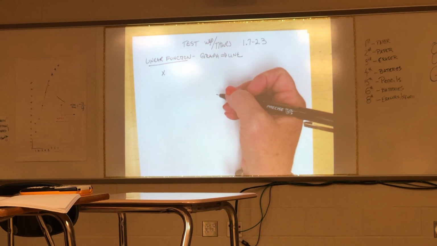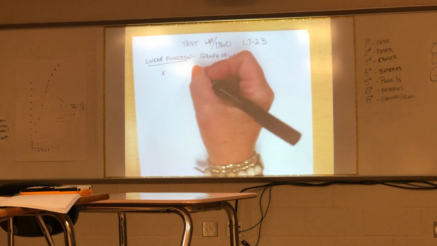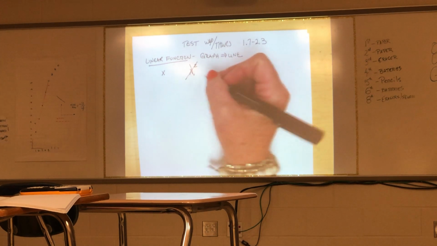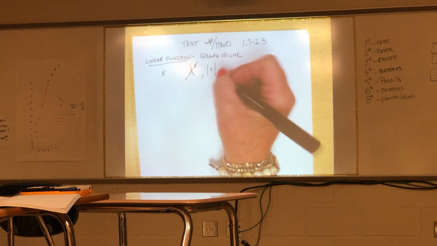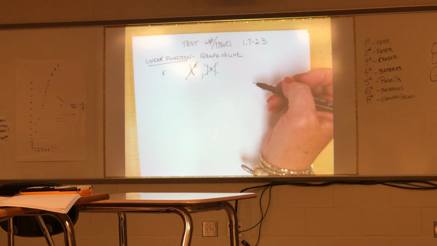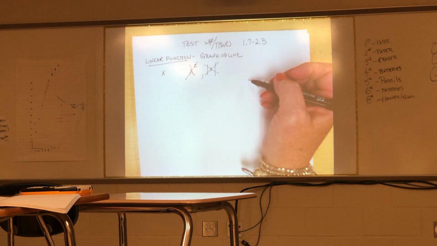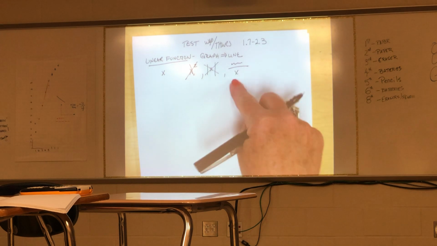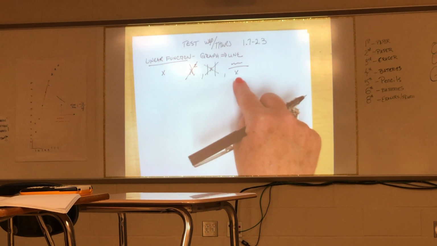So, what can it not have? Absolute value, an x to the second power. You can't have an x inside the absolute value. That's not a linear function. And a 1 over the x. If you have an x in the denominator, that is not linear.